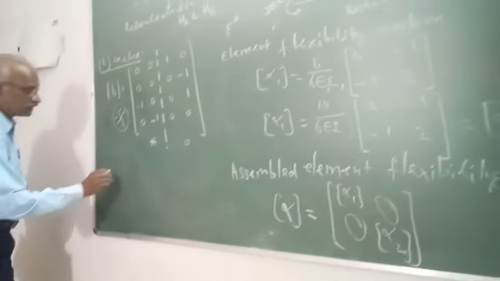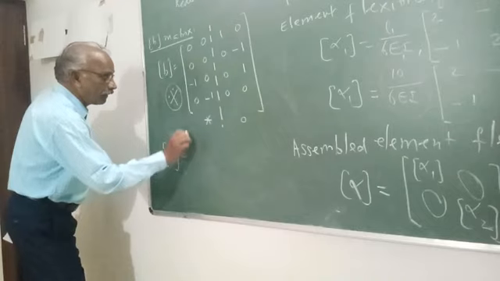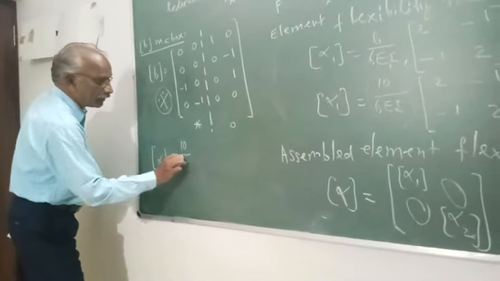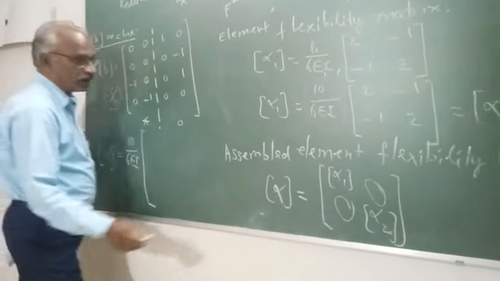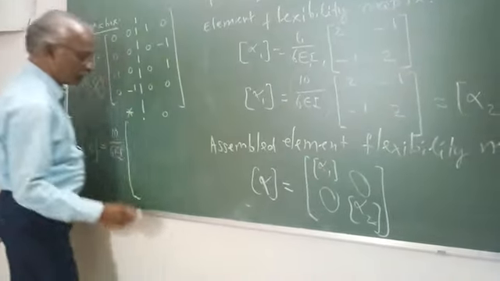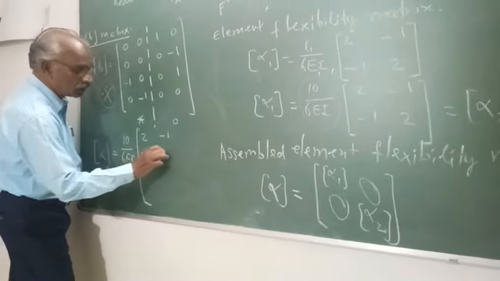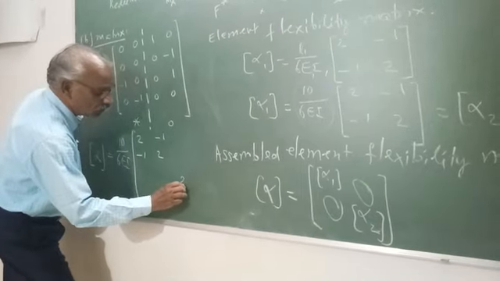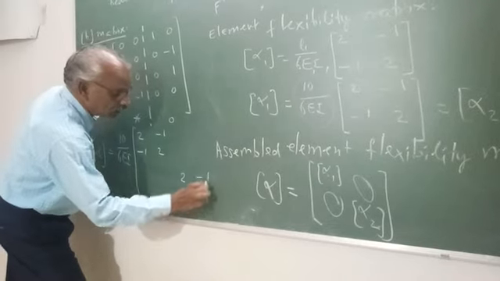So we can take the assembled element flexibility matrix alpha equal to 10 by 6EI times: for alpha 1, 2, minus 1, minus 1, 2; then alpha 2 in the third column, 2, minus 1, minus 1, 2.